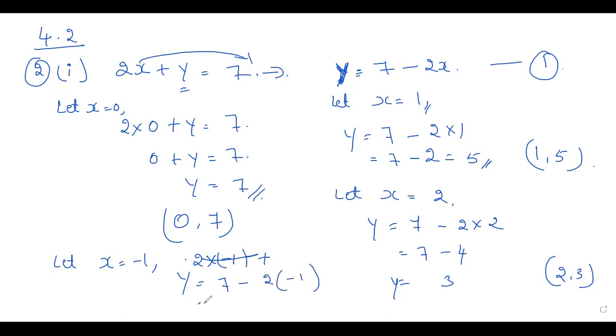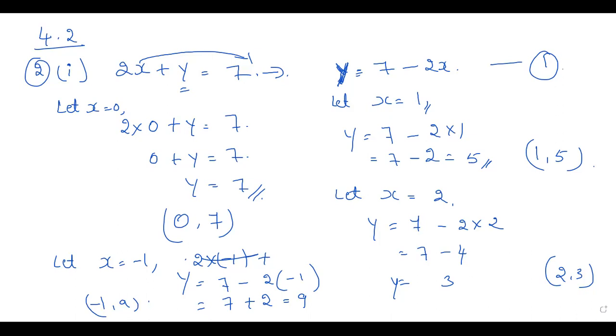It is -1. 7 minus 2 into -1. Minus into minus is plus, 2 ones are 2. That is 9. What are the coordinates, that is points here? -1 and 9. So this is how we find the solution for the given equation.